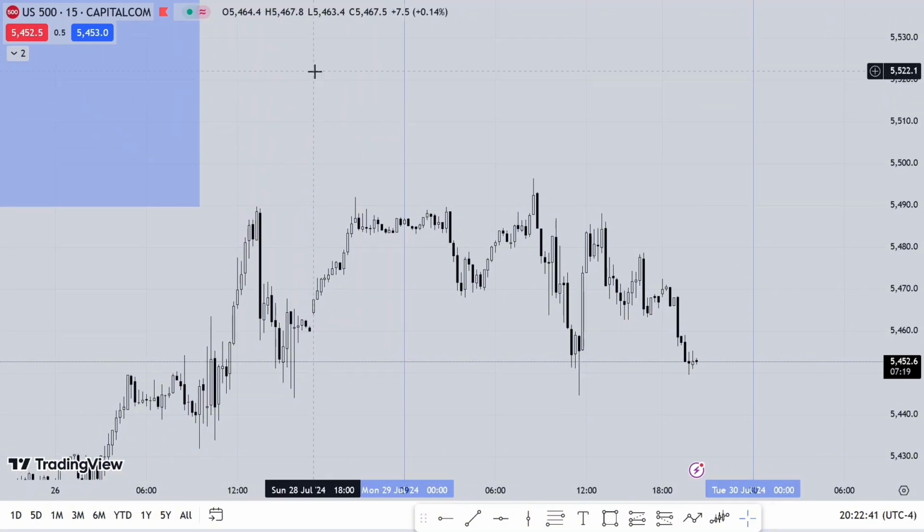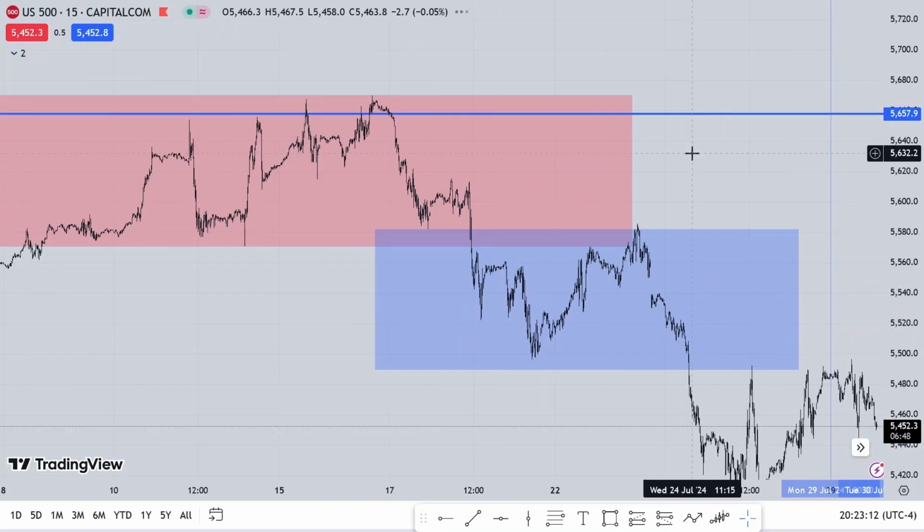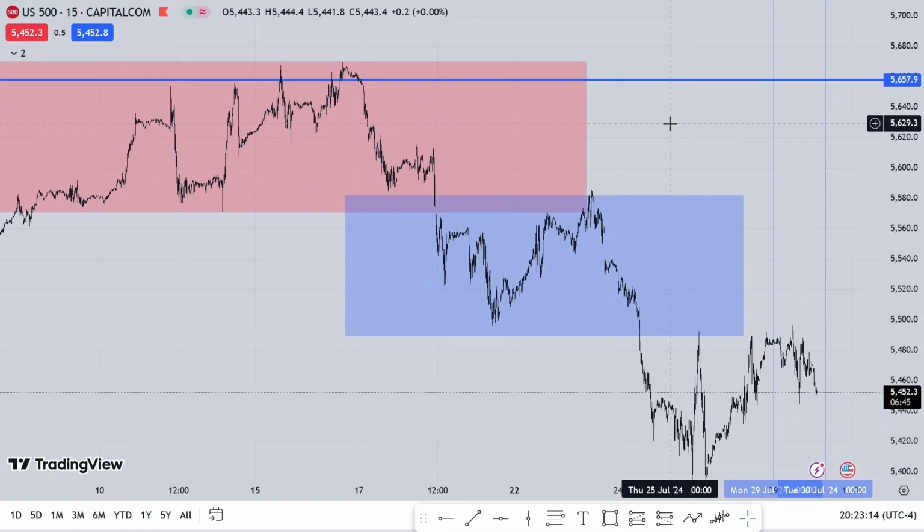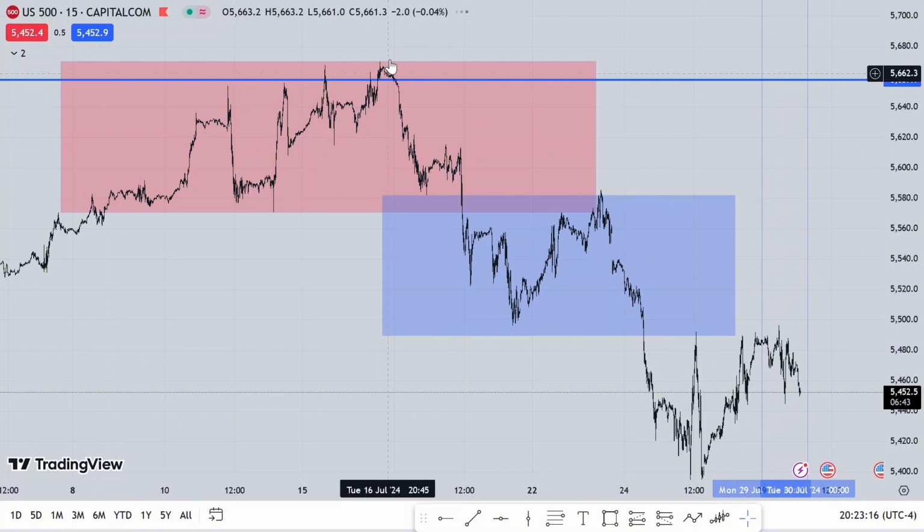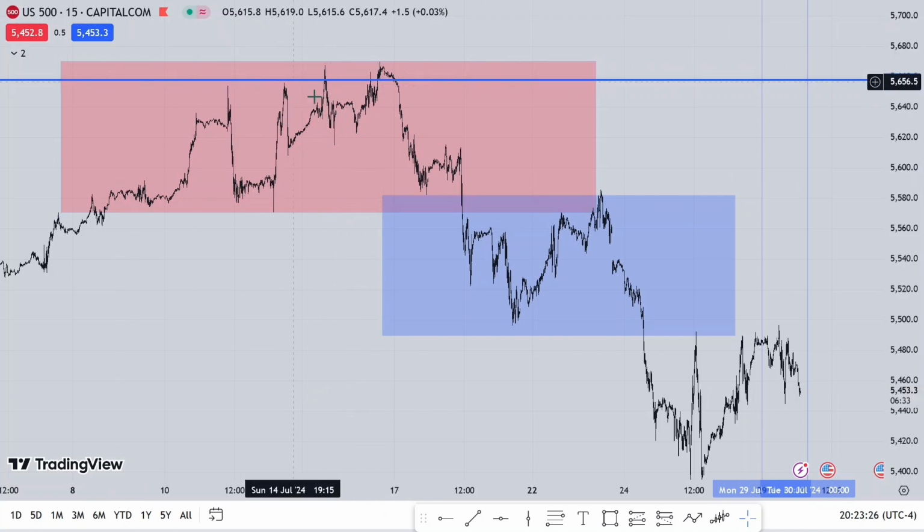From the higher time frame, we've observed that the first stage distribution has occurred, which is this. From the higher time frame, we noted that the smart money reversal has taken place here. So here you have ES taking this high here, and for the indices, the Nasdaq fails to trade above this high.